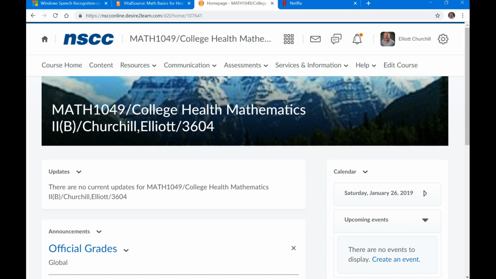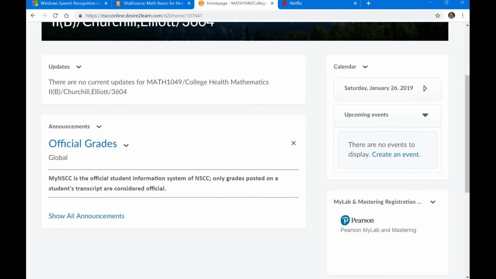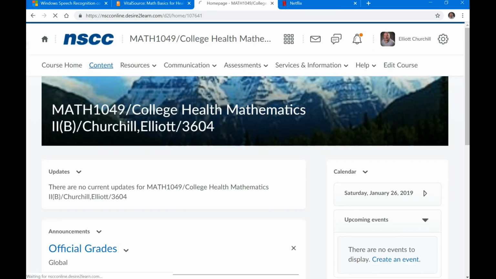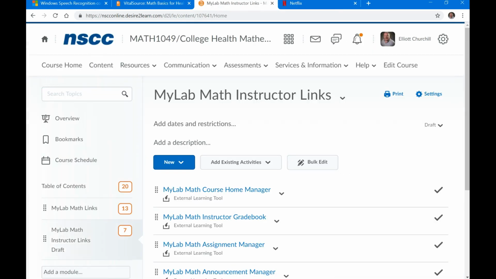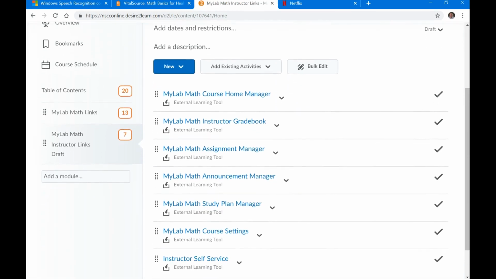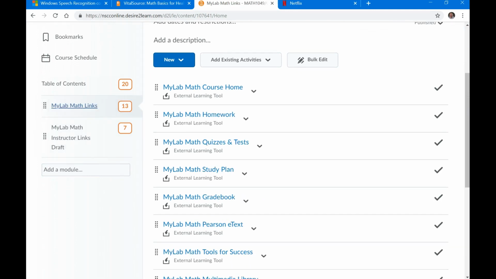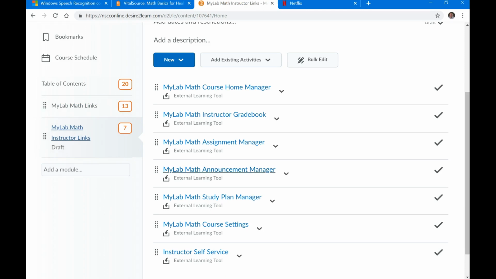To access that, you go into the Brightspace homepage right here, as you can see. Do not go here. Do not go here. What you have to do is go to your content right there, and then go into the next page, and all the links should be there. If you don't see these links, just click on MyMathLab links, and then you can go to your Math Assignment Manager right there.